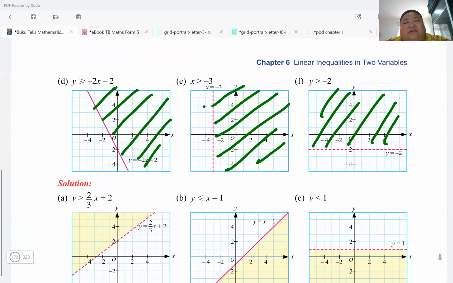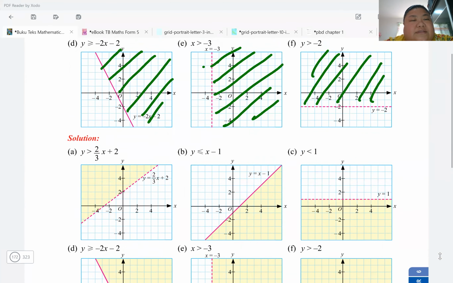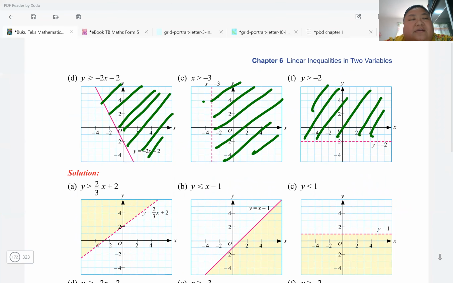Then we look at more examples. y is greater than or equal to negative 2x minus 2. If you see a straight line here, you have to shade the one above, so you shade this side. x is greater than negative 3. Greater than negative 3, you have a straight line here, and you have to shade the one on your right.